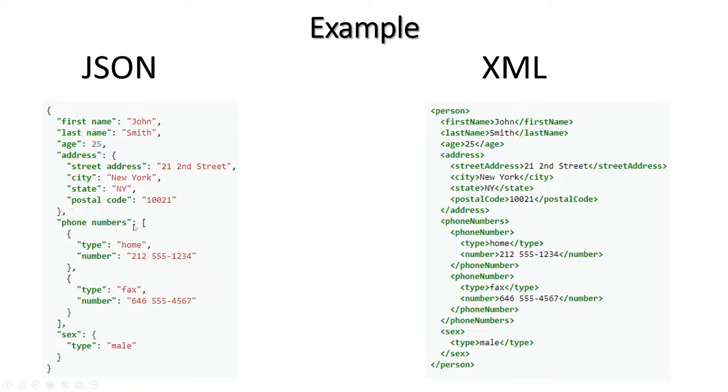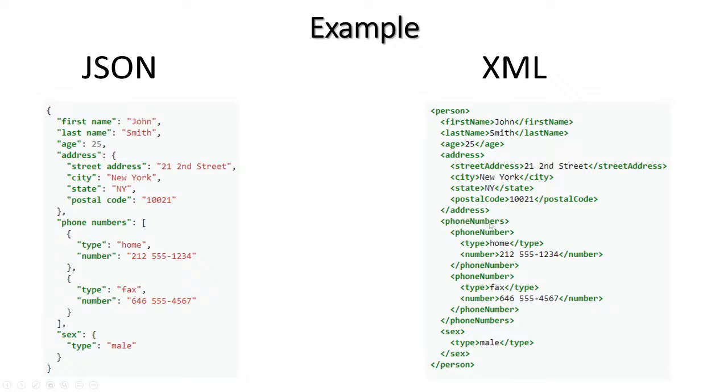And another attribute, we just continue with these attributes. So here's the object, and then in this case it's not the object, it's the array. We have the attribute phone numbers, then we have the array. If we have multiple values, like in this case multiple phone numbers, maybe it's more clear if you look at the XML structure.